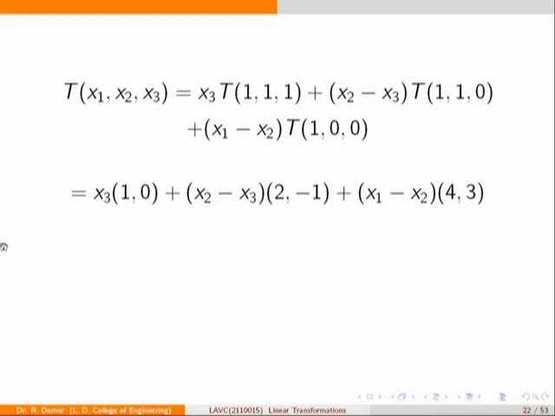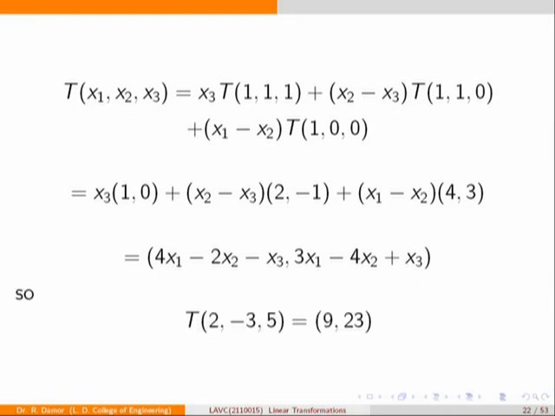Whenever you have to simplify this, it is equal to (4x1 minus 2x2 minus x3, 3x1 minus 4x2 plus x3). Clear? Which is nothing but your linear transformation T from R3 to R2 which has these images of v1, v2 and v3. So this is the simplest thing you have to do in your example.